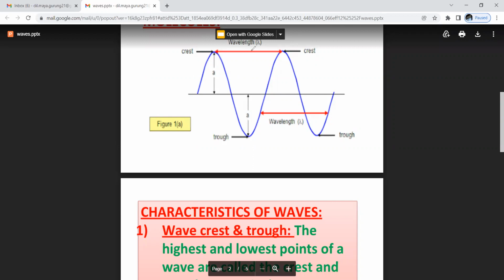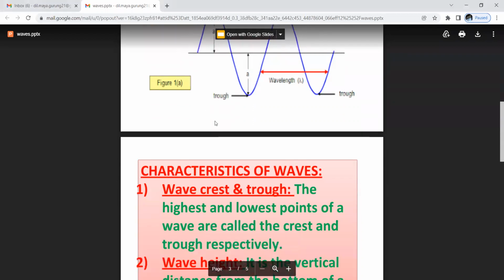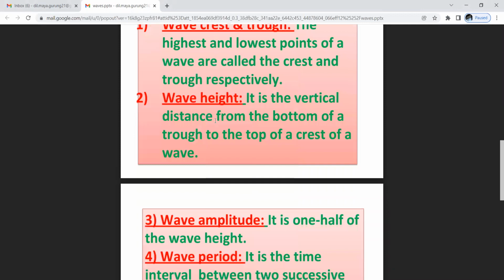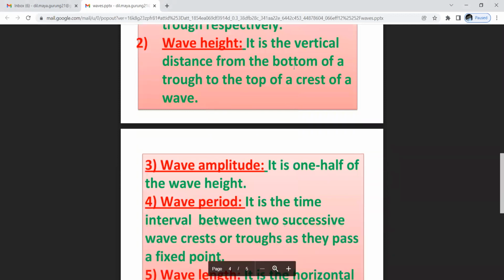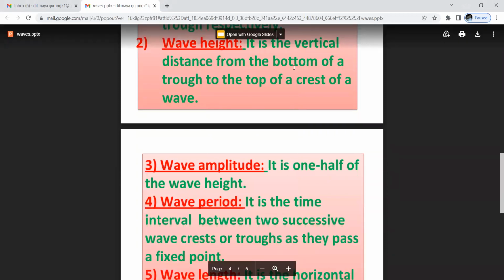Top of the crest, bottom of the trough, this whole is known as wave height, and half of the wave height is known as wave amplitude. For example, if the wave height is 1 kilometer, then 500 meters would be its wave amplitude.